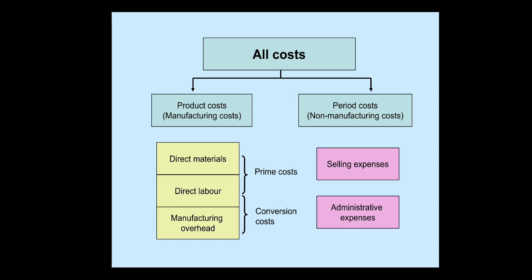So that's why most of the time non-manufacturing costs are also called period costs, because you have to pay them periodically. But manufacturing costs are also called product costs. Why are manufacturing costs also called product costs? Because the manufacturing costs will increase whenever the business produces something. So that's why they are called product costs.